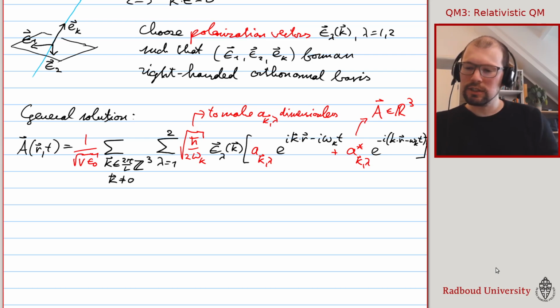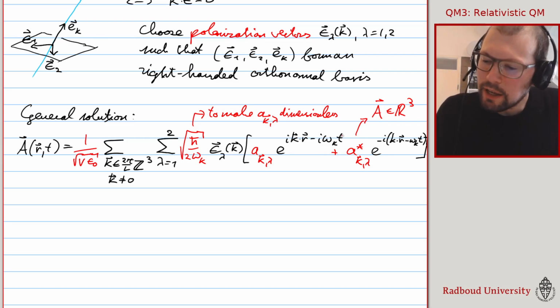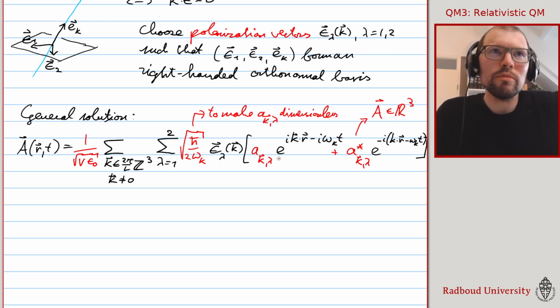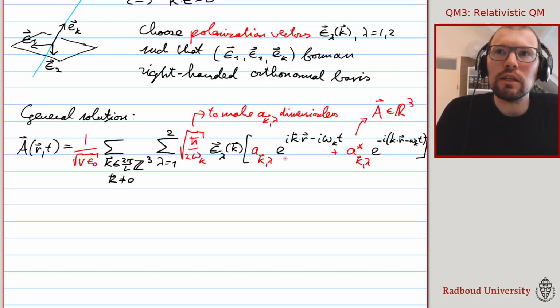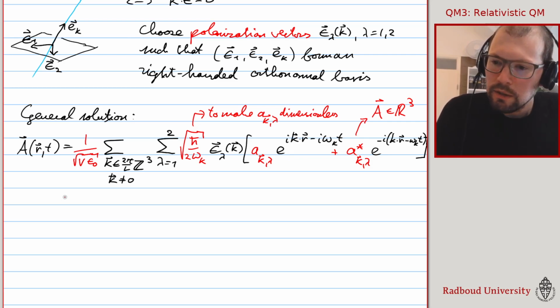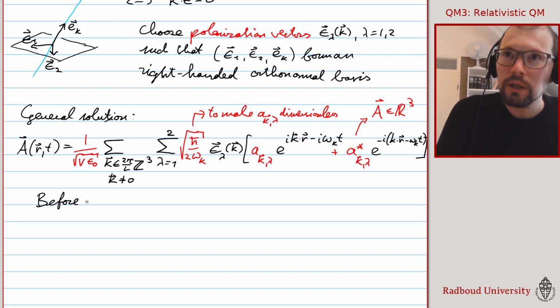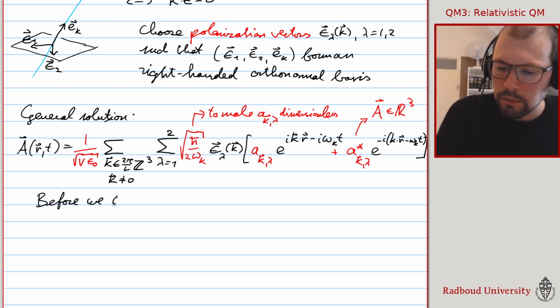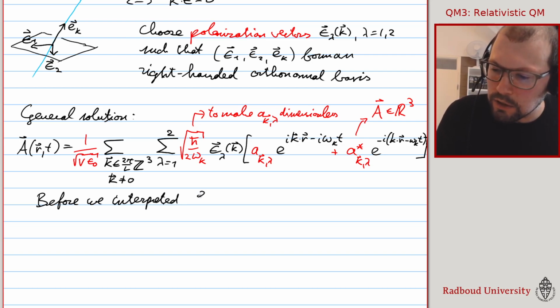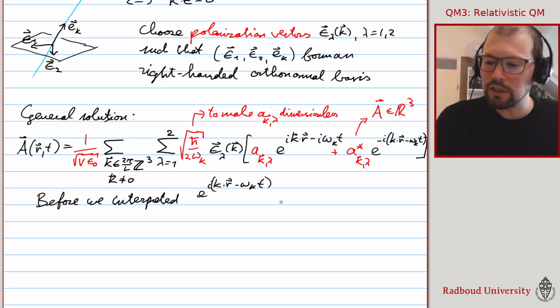So let's see what we have here. We have these same plane waves, these same phase factors that we've seen in the solutions of the Klein-Gordon equation and the Dirac equation. So how did we interpret them there? Before, we interpreted this e to the i k dot r minus omega k t as a positive energy solution.